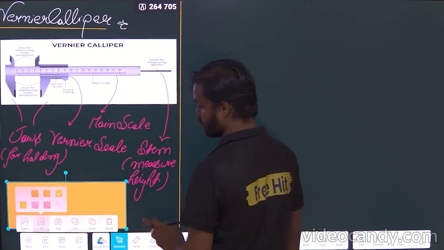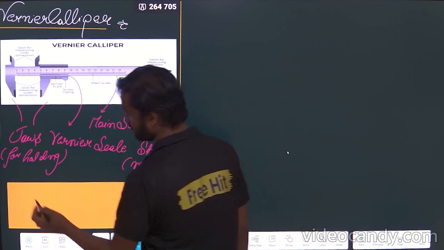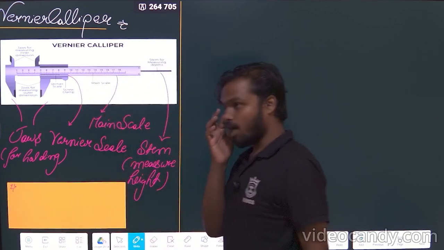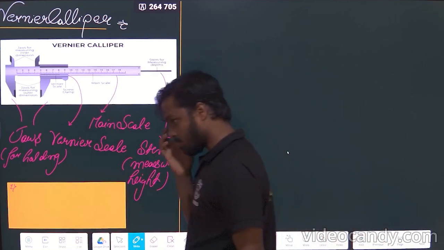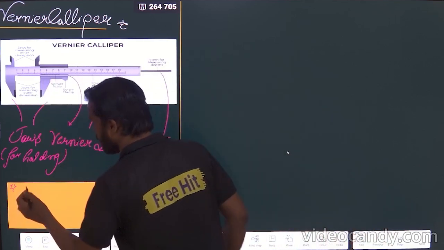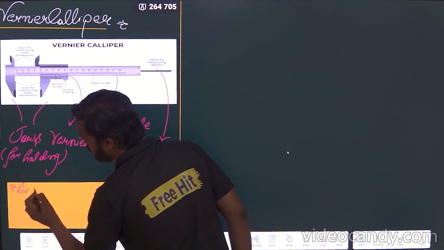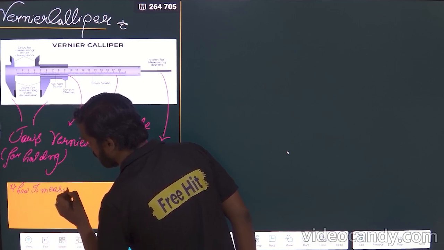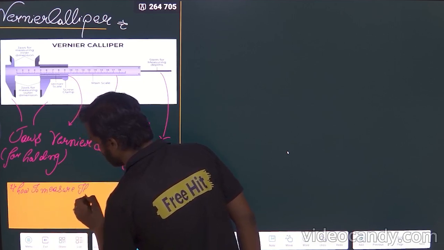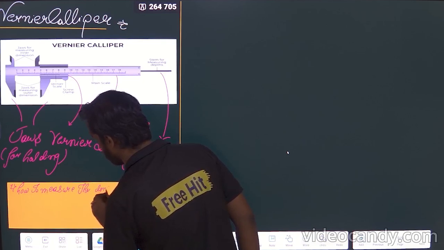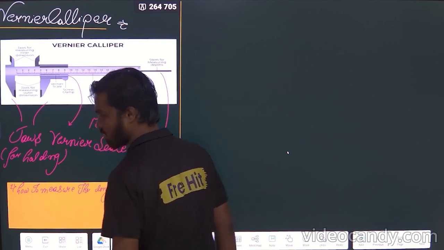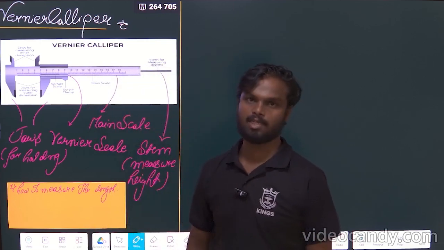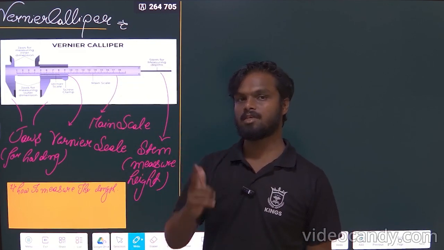The first thing we have to read is how to measure the length by using the vernier caliper. That is the first calculation we have to do. The second is how to measure the diameter.